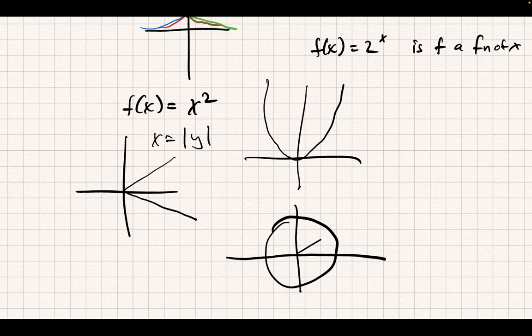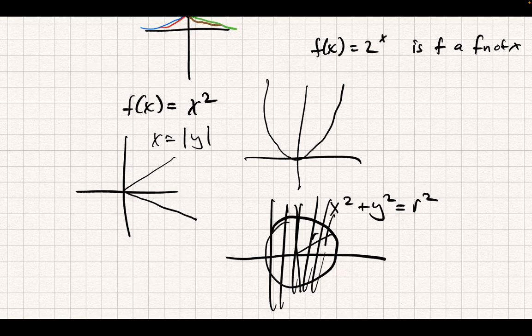Can I take a guess? No, bad guess. This is actually x squared plus y squared equals r squared, and y is not a function of x and x is not a function of y. It fails both the horizontal line and vertical line tests.